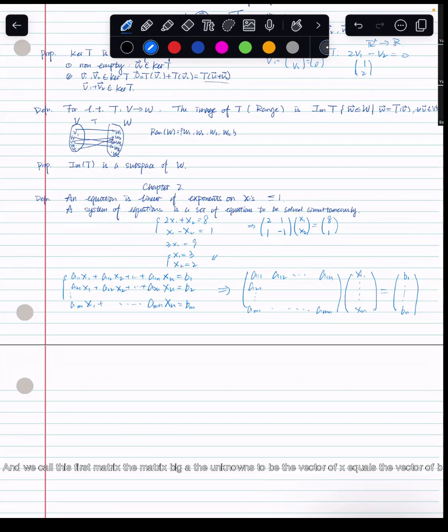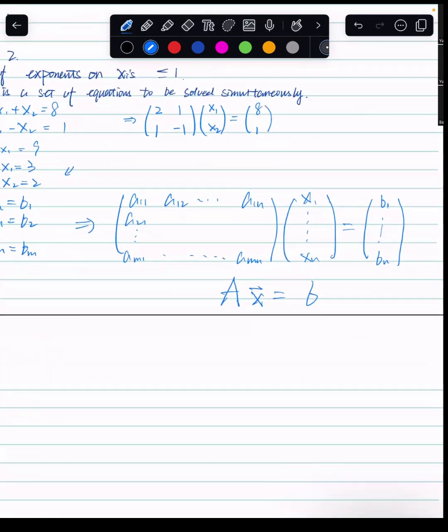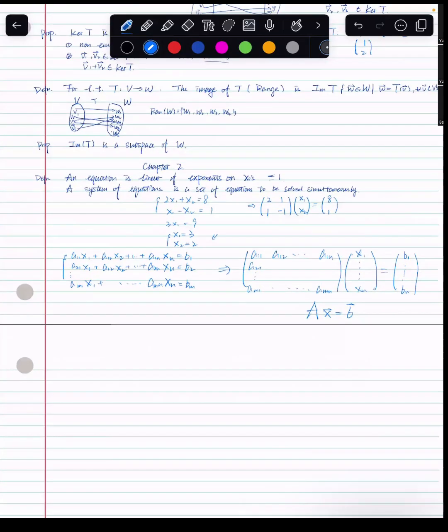And we call this first matrix the matrix big A, the unknowns the vector x, equals the vector b. So any system of linear equations can be written as a matrix equation, a matrix product equation.